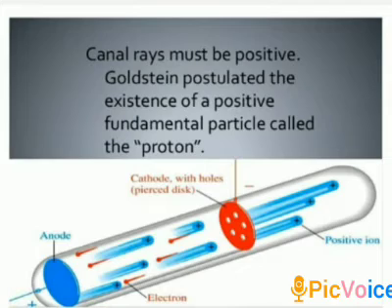The protons are located in the nucleus of an atom. Only hydrogen atom contains one proton in its nucleus. Atoms of all other elements contain more than one proton. A proton is usually represented by the symbol p+, p for proton and plus sign for positive charge.